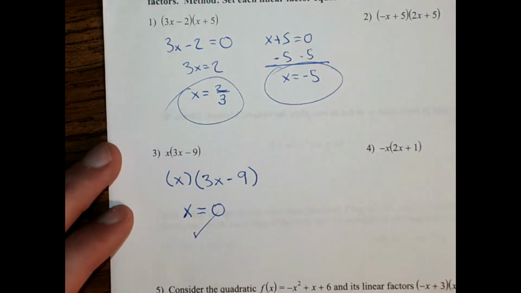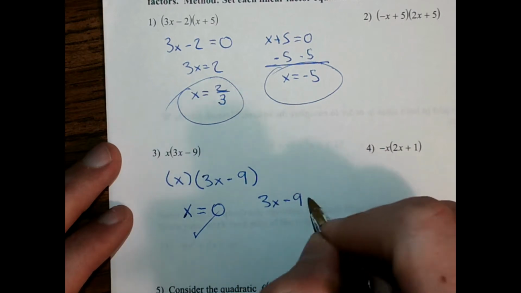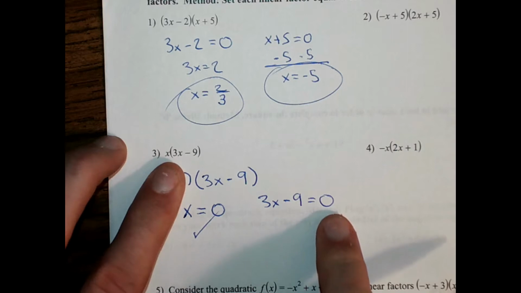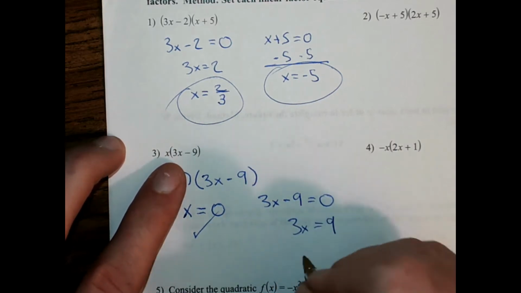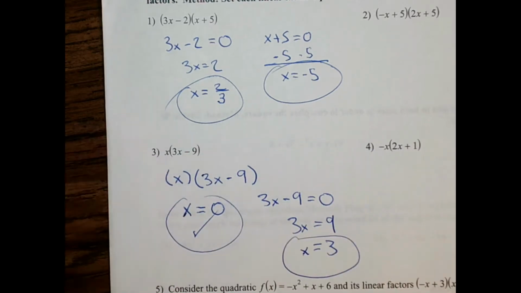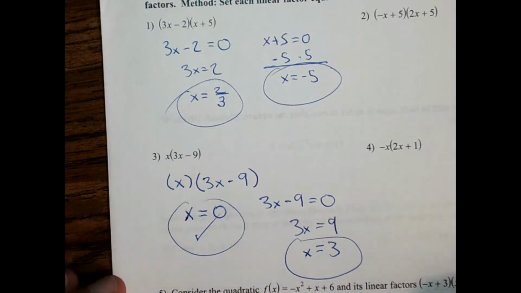So one of our roots is x equals 0. And then for the other one, set the linear factor equal to 0, add 9 and then divide by 3, and we're going to get x equals 3 for the other root. So there are the 2 roots, x equals 0 and x equals 3.